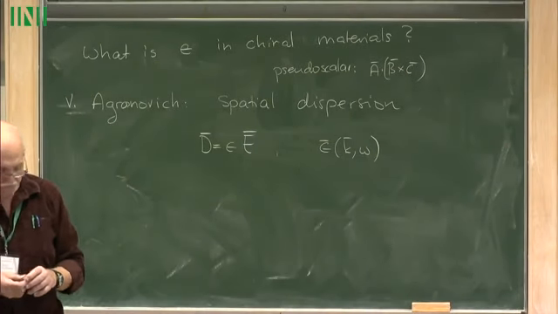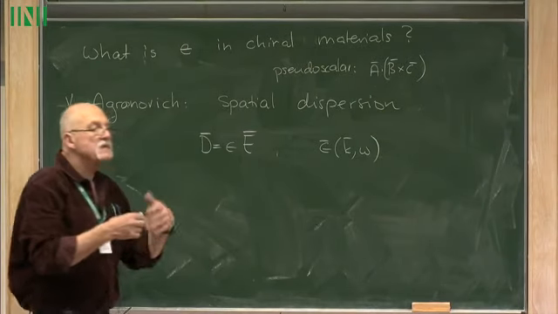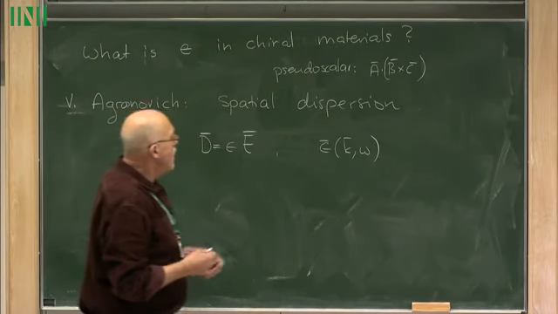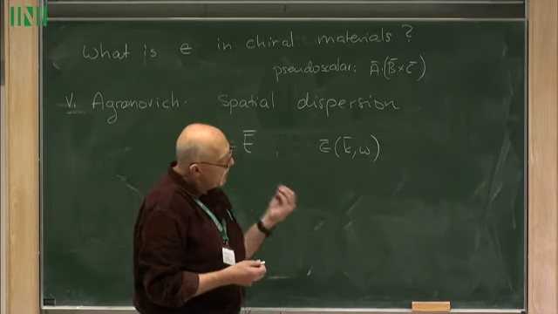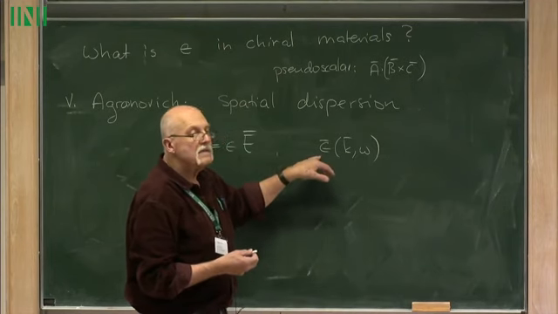And so if the system is non-local in space, then we want to somehow end up with manifesting the k dependence of epsilon.